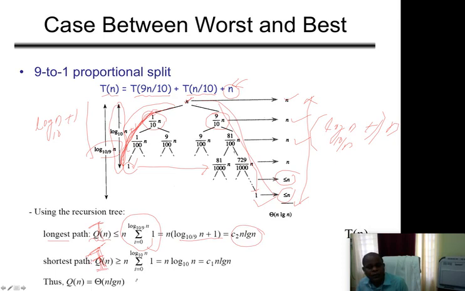Tn will be, in this path, also greater than or equal to C a log n. Hence, in both cases, sorry, this is Tn, not Qn, in both cases, whether longest path or shortest path, the time complexity is n log n. Hence, in the average case, the time complexity of Quicksort is n log n.